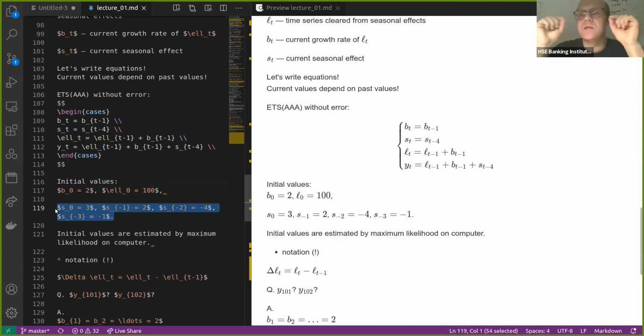Who can tell me how they should be linked? They cannot be completely arbitrary. How should the initial seasonal effects S0, S-1, S-2, S-3 be linked? What is the relationship I have not written between the starting values of S?